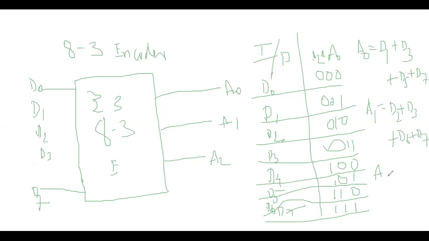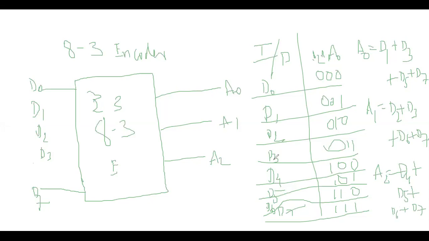And A2 is equal to D4, D5, D6, D7, where it is high and all the other four are zeros. So D4 plus D5 plus D6 plus D7. Okay. So see here also the D0 is equal to 0.